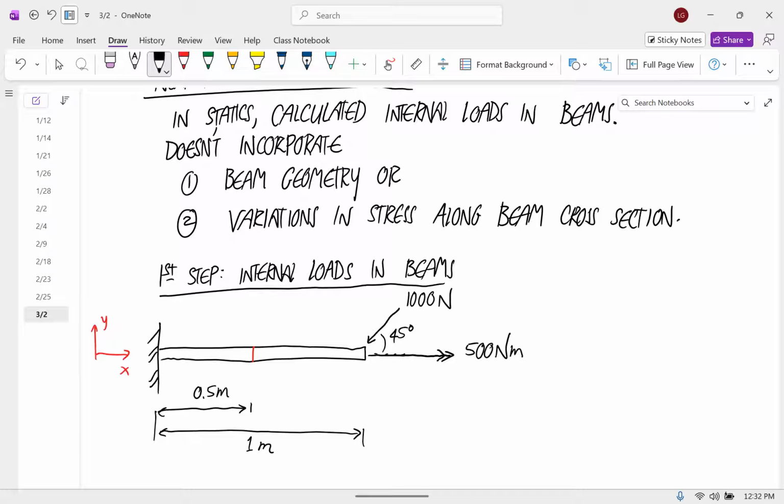So you can imagine that being caused by a force on the top of this beam going this way and a force on the bottom going this way, okay? Or like a screwdriver turning like this on the end. Yeah, exactly.